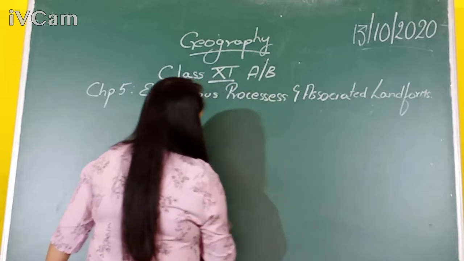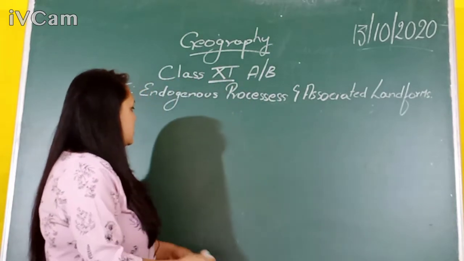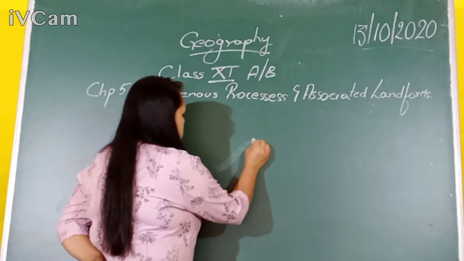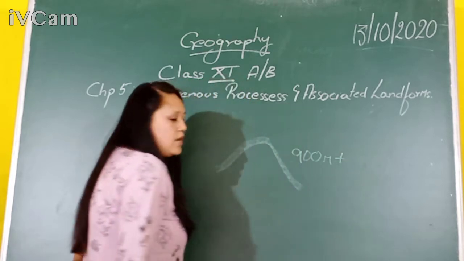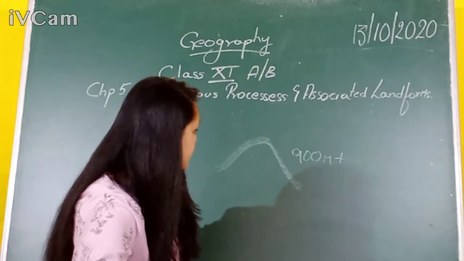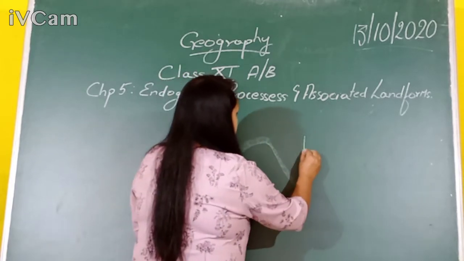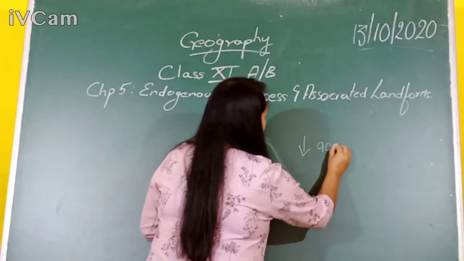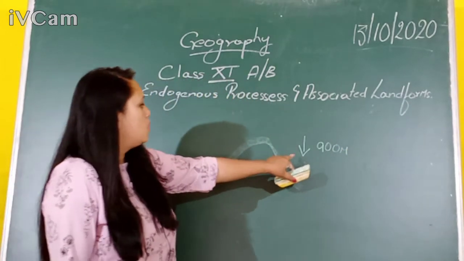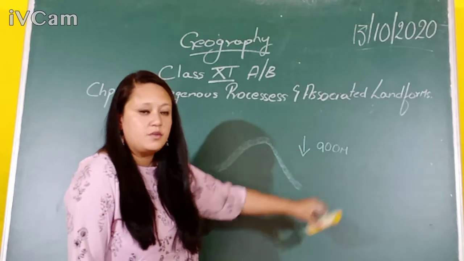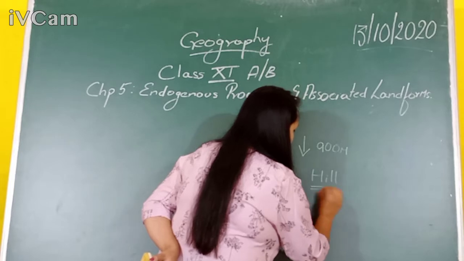Now mountains are also of various types. Before I teach that, like I said, any structure which has a height of 900 meters plus is known as a mountain, and any structure of a mountain kind, but whose height is less than 900 meters, is called a hill.